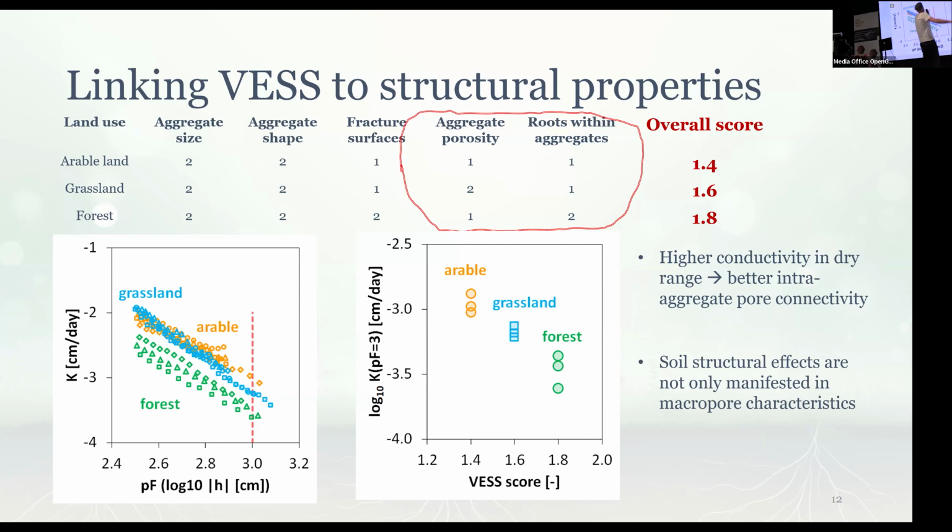And you do see for arable land, which is right on top, with 1 being the best score, that arable land had actually the best porosity within the aggregate, and the best score when it comes to roots within the aggregate. And we thought that this might be quite nicely reflected within the unsaturated hydraulic conductivity. And that's something we found maybe VES would be even able to capture.